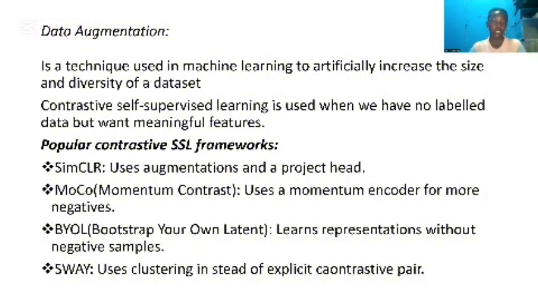The popular contrastive SSL frameworks are SimCLR, which uses data augmentations, and I-JEPA. We also have MoCo, which is momentum contrast, BYOL, that's bootstrap your own latent, and SwAV. We have seen the popular contrastive SSL frameworks, but I'm going to mainly talk about SimCLR and MoCo.